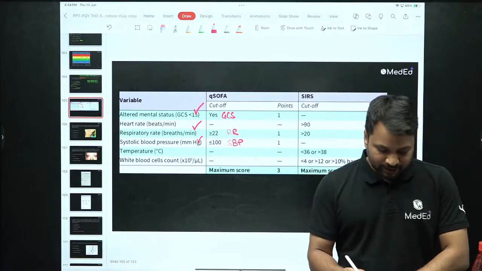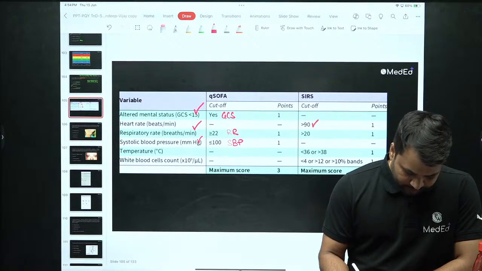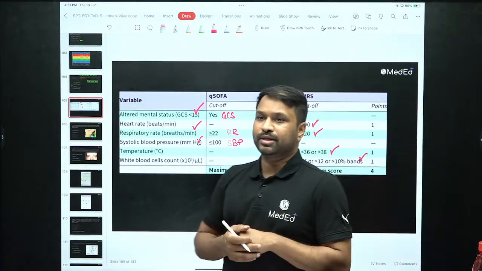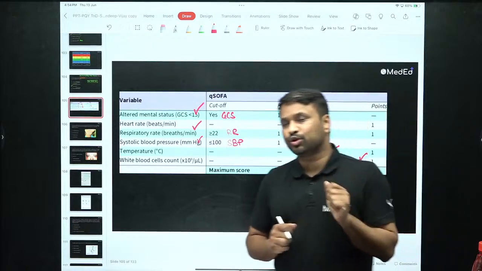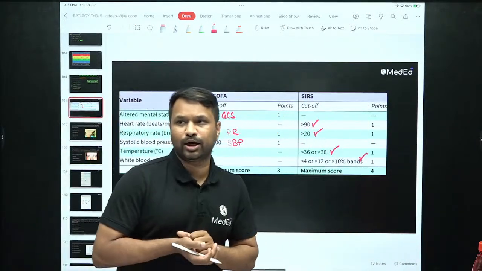Whereas systemic inflammatory response syndrome basically consists of the heart rate, respiratory rate, body temperature and the WBC count, right? So there are 2 components that you remember. Correct. Remember, in qSOFA, the respiratory rate, as Ganesh has told, should be more than or equal to 22.